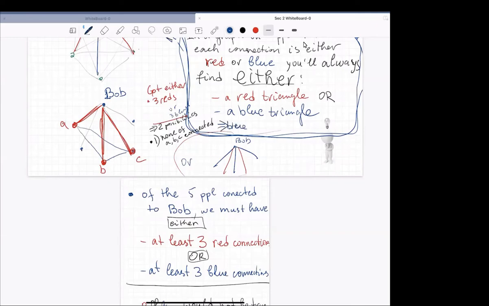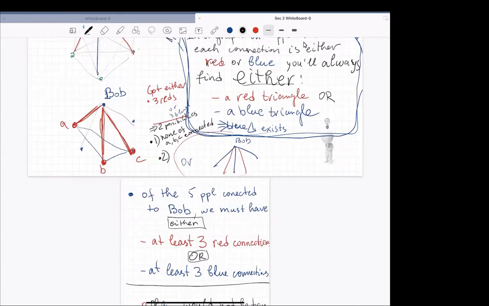So a blue triangle exists. The only other possibility is, what is the only other? Help me out here. Either no pair of A, B, C is connected, or what's the complement of that? Just logically. Okay, that's why I was asking. Let's be a little bit more precise. At least one pair is connected, right? Yes.